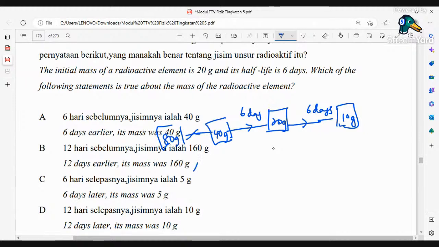So this one is wrong. 6 days after is 10 grams, so also wrong. 12 days after should be another 6 days, so it becomes 5 grams. So this one also wrong. So the answer is A. Dia hanya separuh saja. Kalau before is double, after is half.